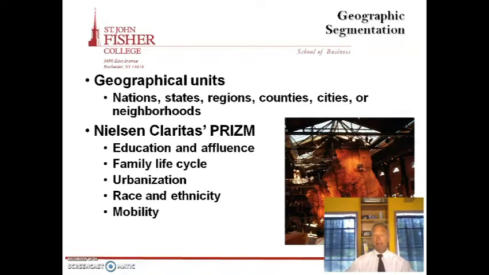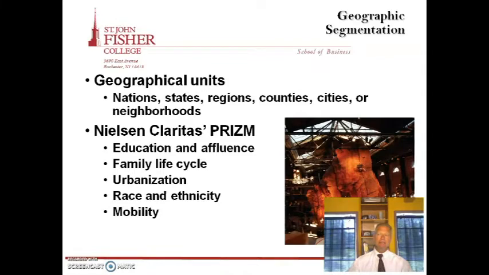Nielsen clarifies segmentation by calling it PRISM. And that was what I would call geo-demographic segmentation, where they have different areas of the country that are the same. For instance, a 12-year-old girl in California is going to be very different than a 12-year-old girl in Atlanta.